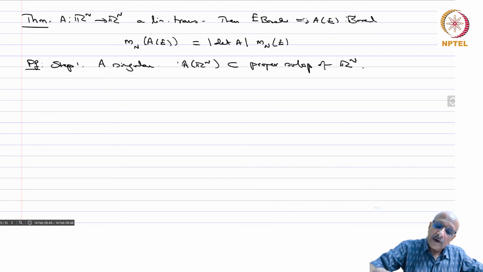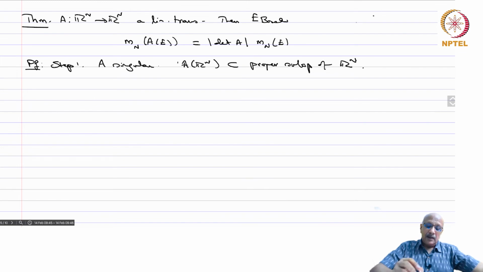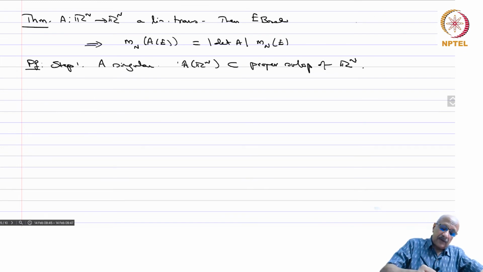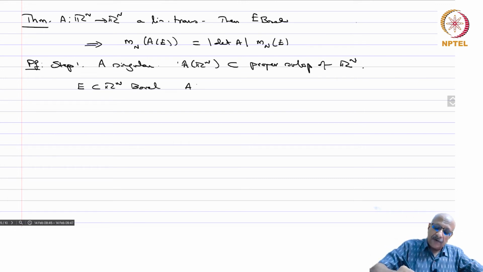Now if E is any Borel set in Rn, then A of E is contained in a proper subspace, which implies AE is Lebesgue measurable by completeness, and Mn of AE is 0.